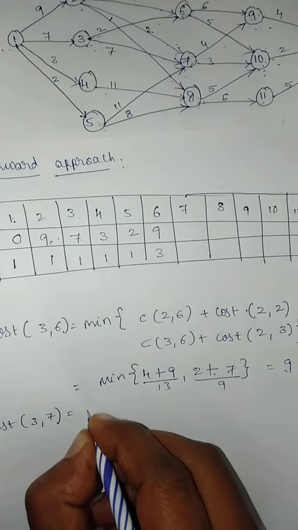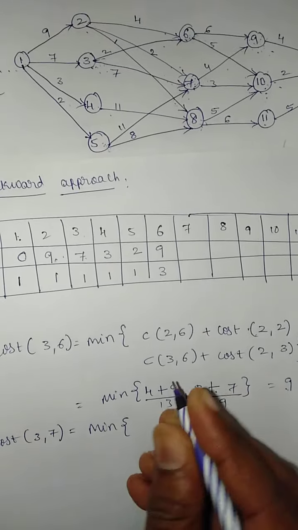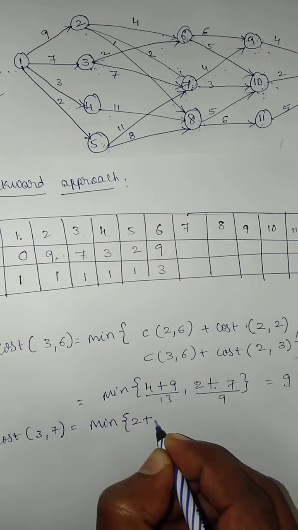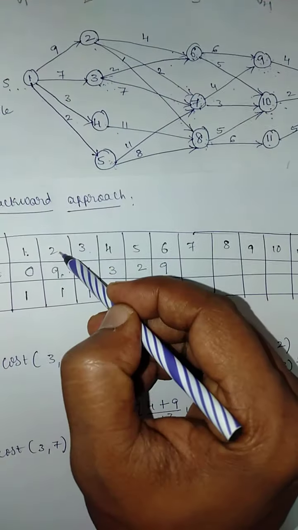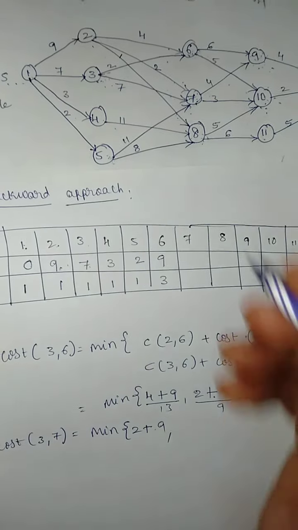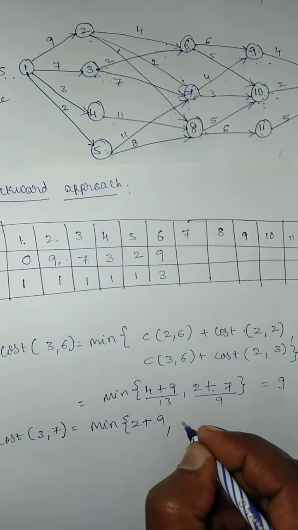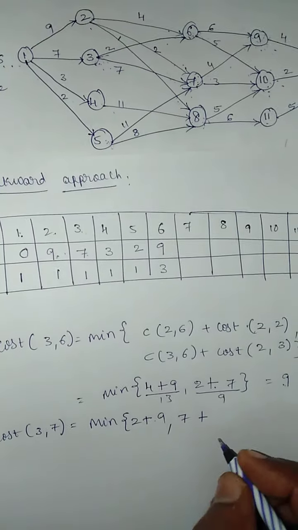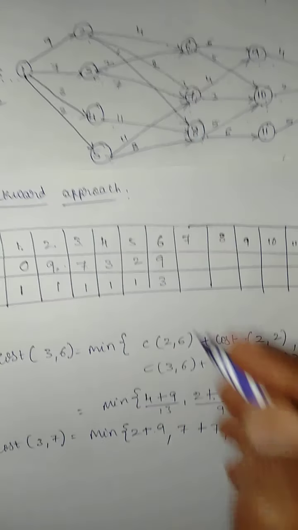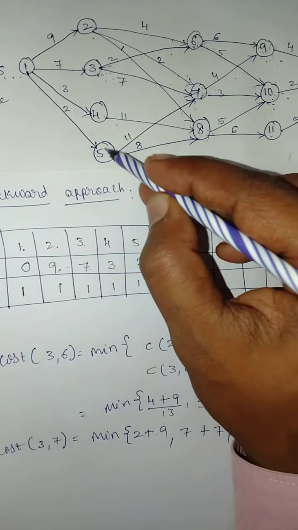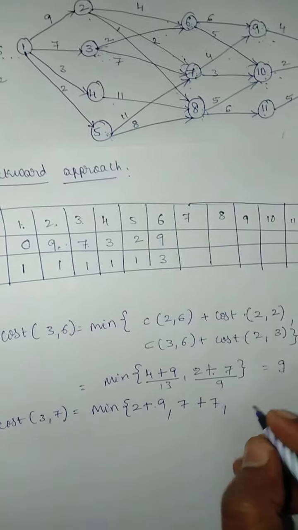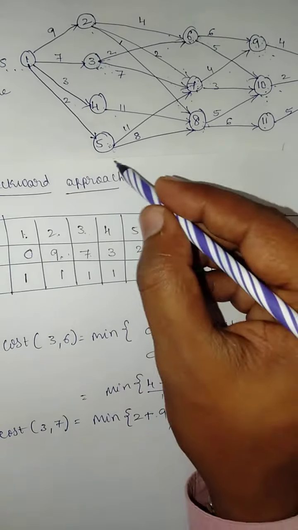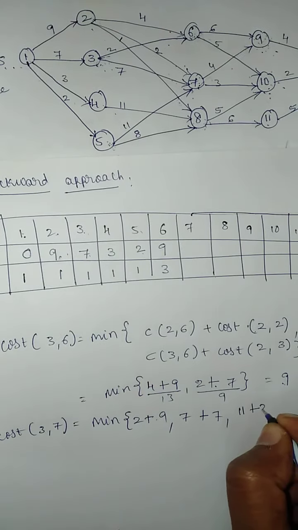So minimum of 2 plus 9, then 7 plus 7, and for 5 the edge cost is 11 plus cost of 5 which is 2.